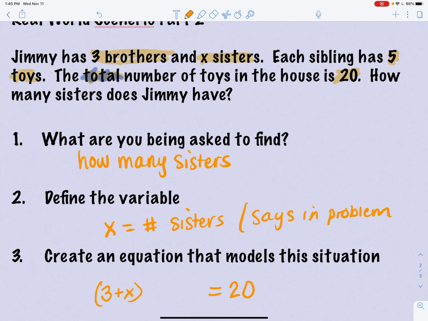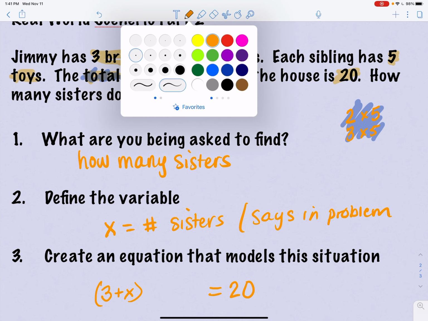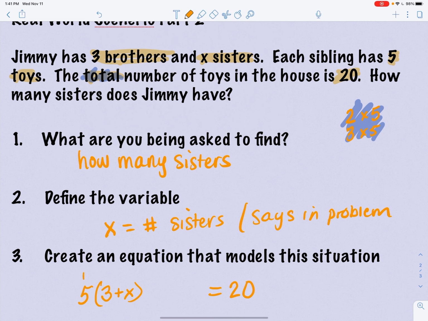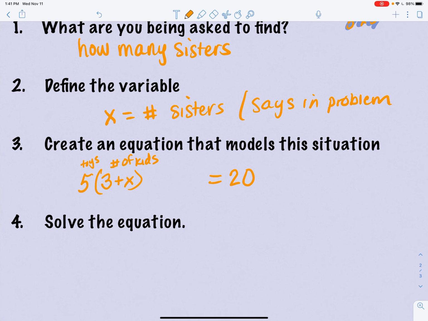So if I have two sisters at 5 toys each and 3 brothers at 5 toys each, I'm doing this over here because I want to think it through. So if I'm multiplying, then I'm probably multiplying down here. So that would be 5 toys for the number of kids. So there's our equation.